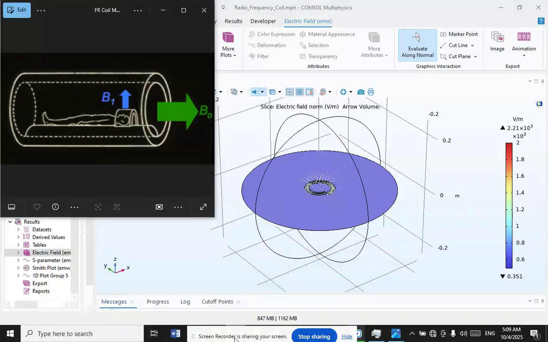The B1 field is generated by the transmit RF coil in response to a powerful current generated by the scanner's transmit circuit. B1 is typically turned on for only brief periods of time, a few milliseconds, called RF pulses. By adjusting the magnitude or duration of these B1 pulses, the nuclear spin system can be rotated by variable flip angles such as 90 degrees or 180 degrees.